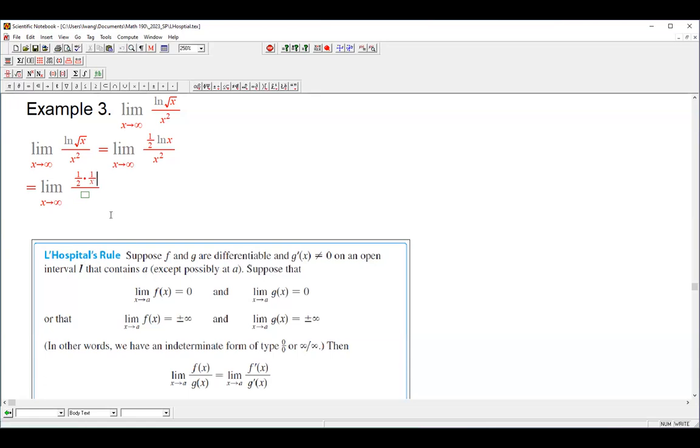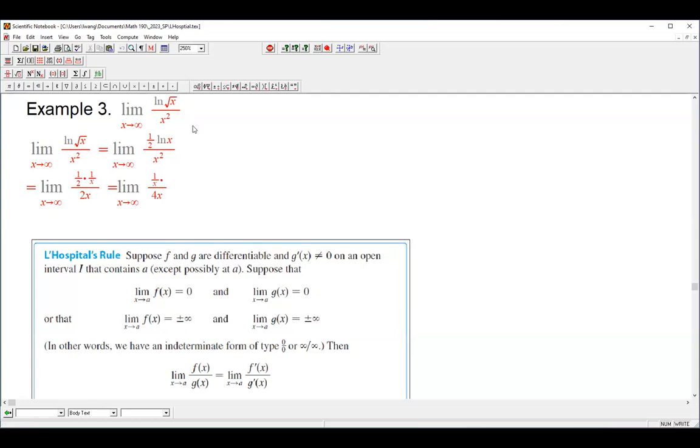The derivative of the denominator is 2 times x. Okay, and we can do some reduction. What we get is 1/2, and here is a 4, and 1/x, and we multiply x on the top.